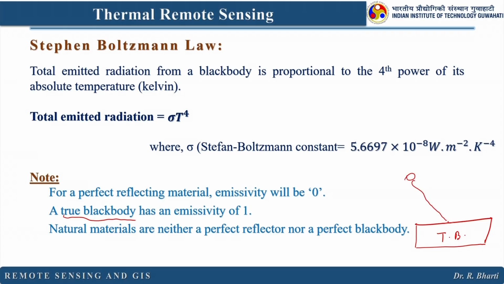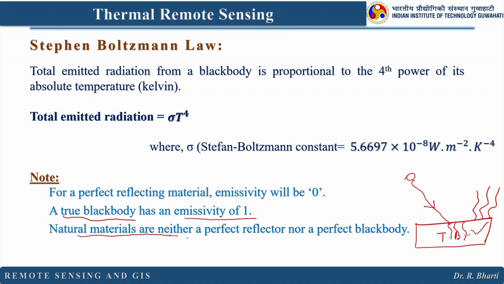It will absorb all the incoming radiation. So it will store those energies and then later on it has to re-emit them. Why? Because it has to maintain the equilibrium with the surroundings. So whatever energy was received by this particular target was absorbed and later on emitted, right. So in that case, for a true black body, emissivity will be 1, right.